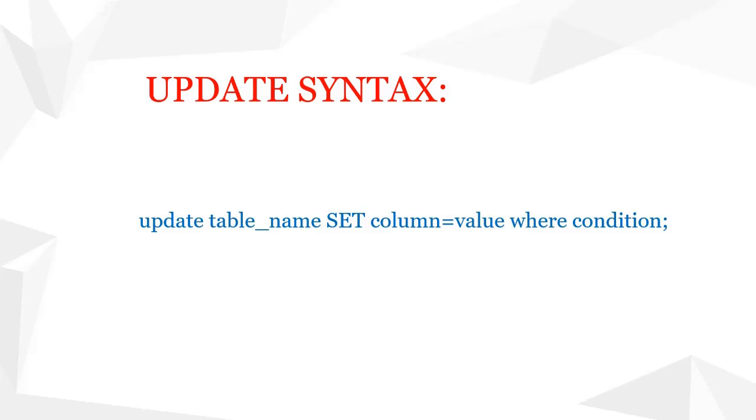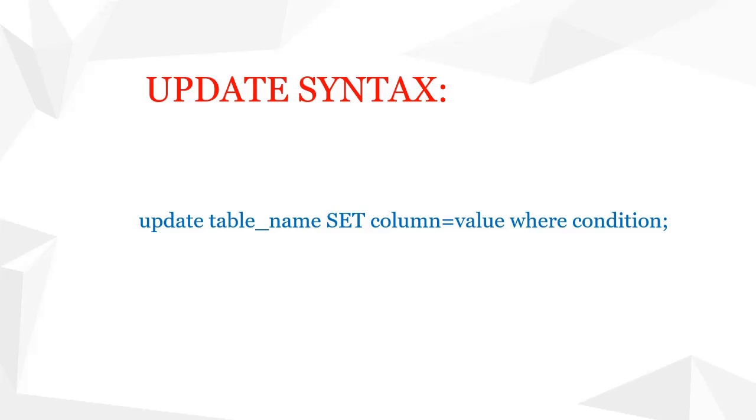So the syntax for the update command is that firstly we use the update keyword followed by the table name and then the set keyword followed by a column name, which is followed by the equals to operator, and then we give the value to that particular column followed by the where keyword, and then we give a condition to which record that value of a particular column has to be added, okay? So this is how you use the update command, okay?